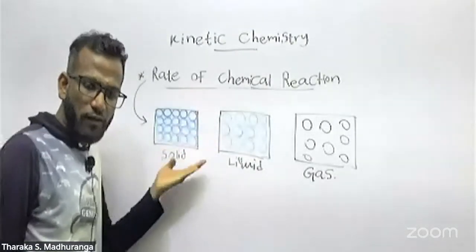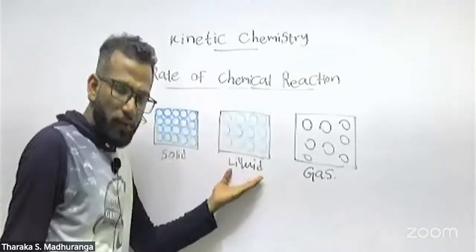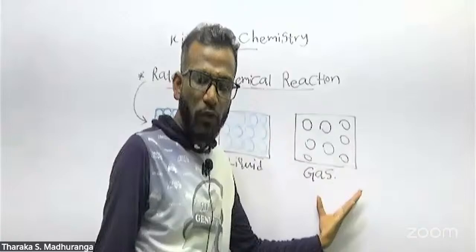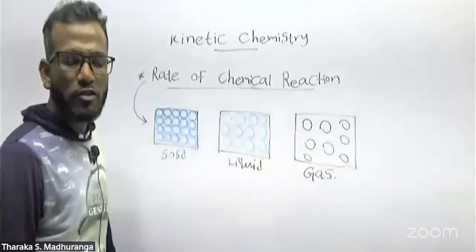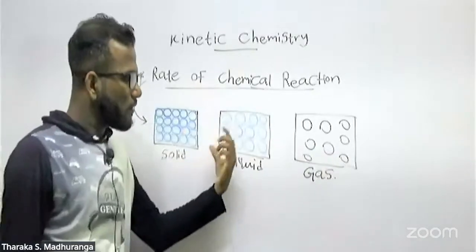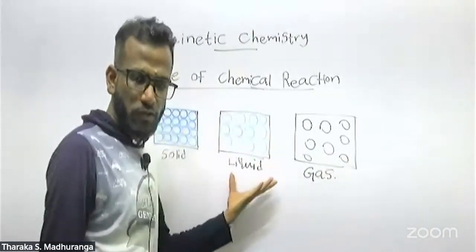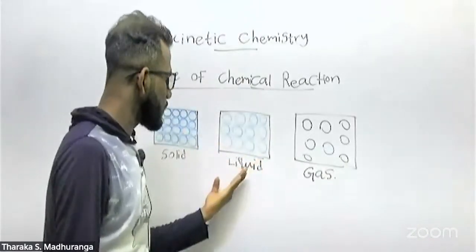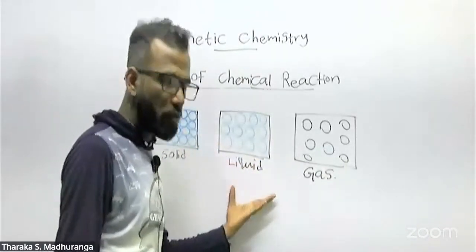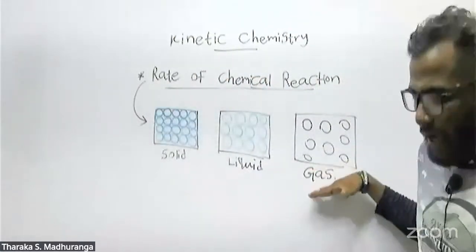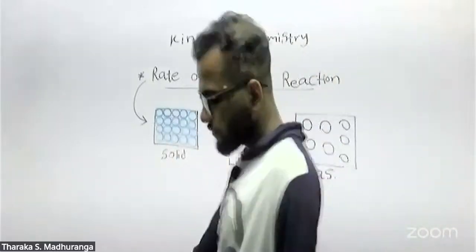In solids they are very strong, in liquids generally strong, and in gases very weak. What about intermolecular space? In solids the intermolecular space is very low. In liquids the intermolecular space is higher than solids and lower than gas. In gases the intermolecular space is very high.